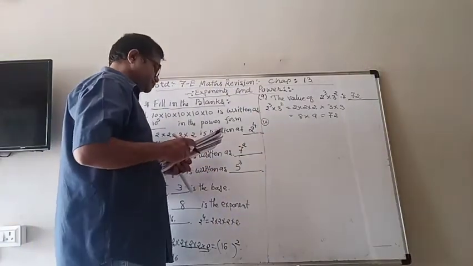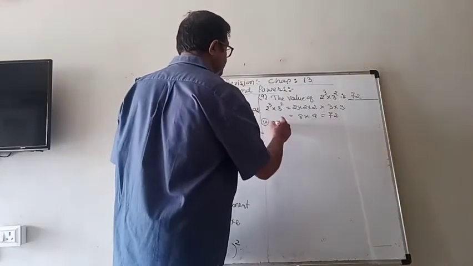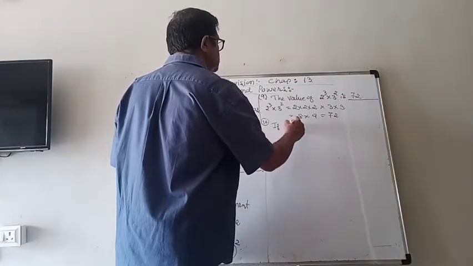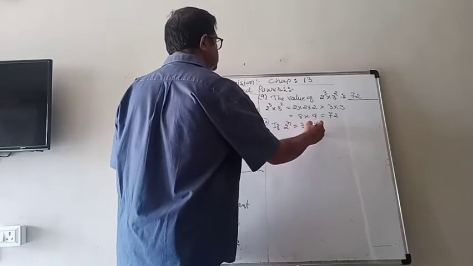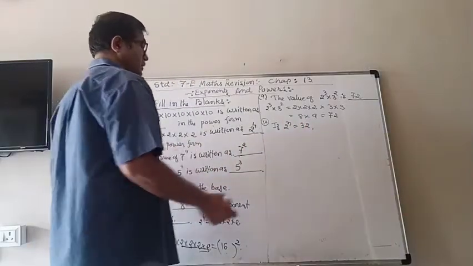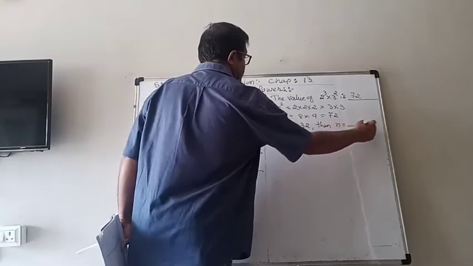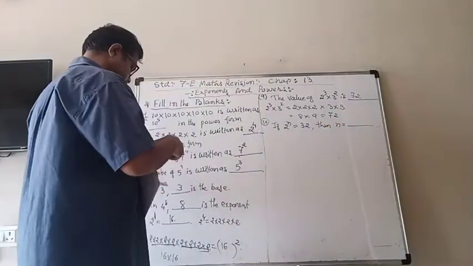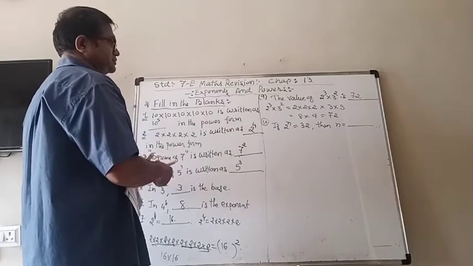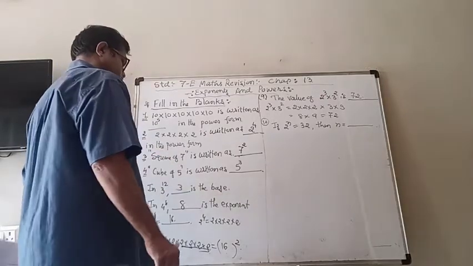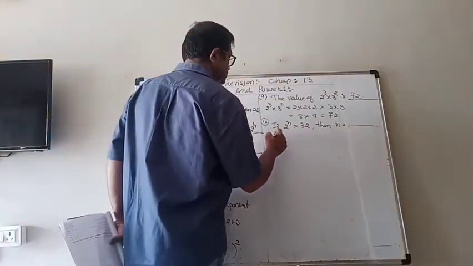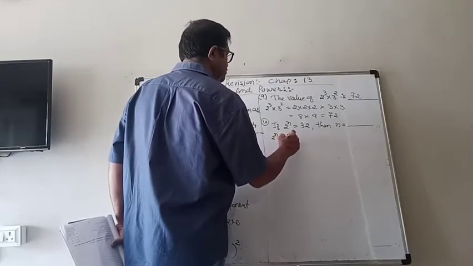Next, if 2 raised to n is equal to 32, then n is equal to blank. Now we know that 32. So 2 raised to n is equal to 32.